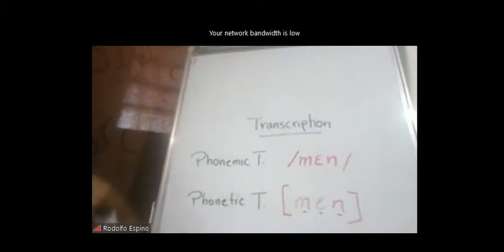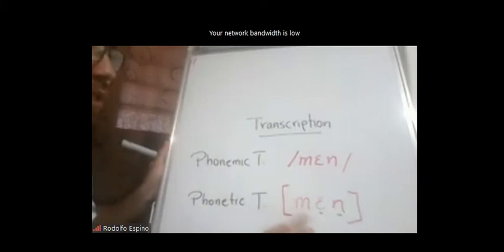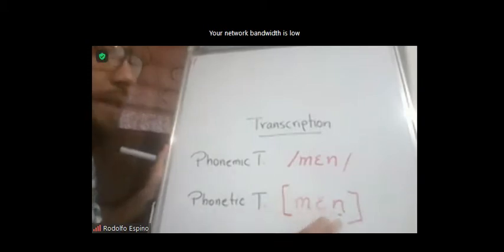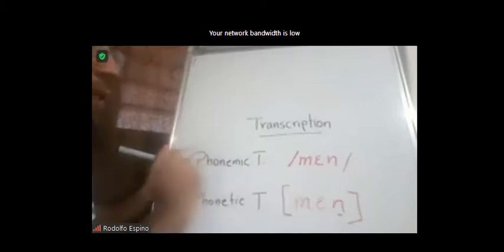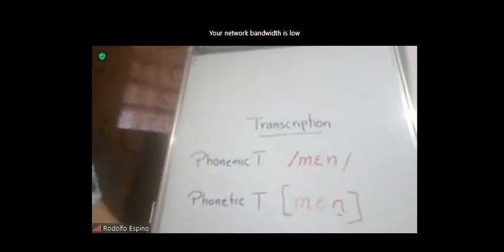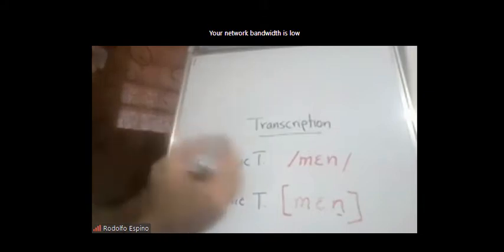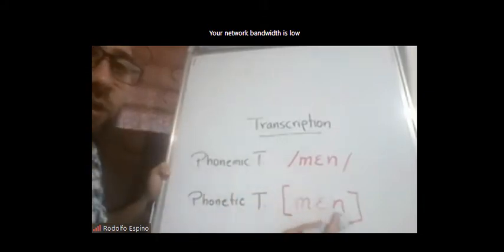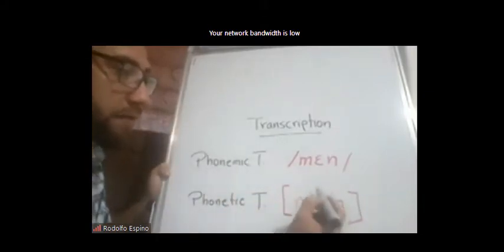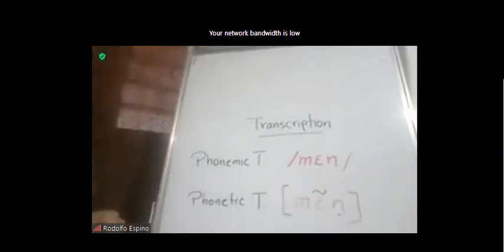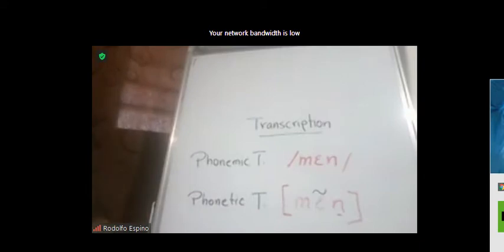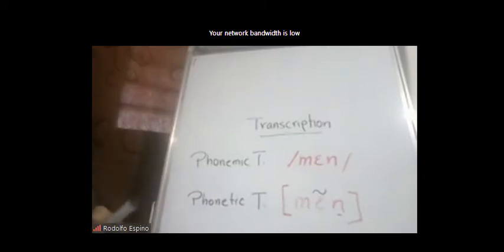In this case, the first sound does not influence the e. However, the n sound, since it is nasal, does influence the sound e. It influences it in two different ways. First of all, it makes the e nasalized, as I explained last class, when you pronounce a vowel with some nasalization characteristics.